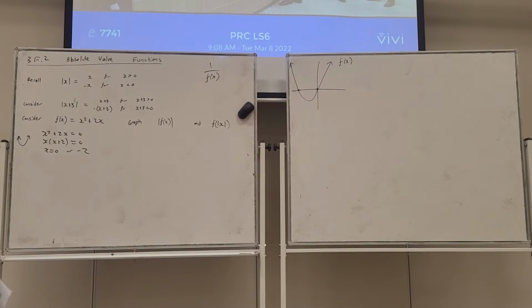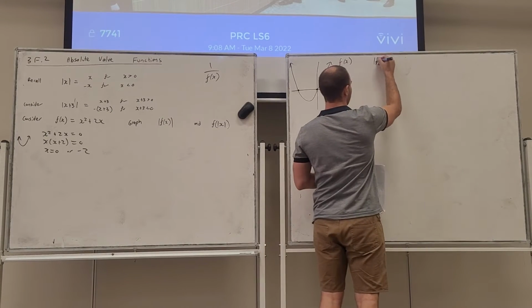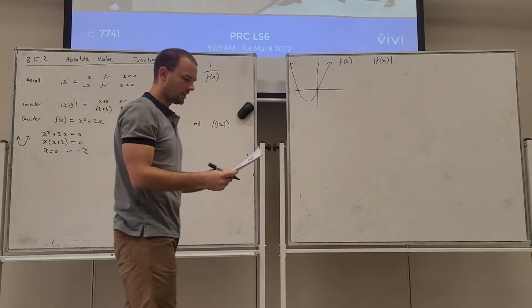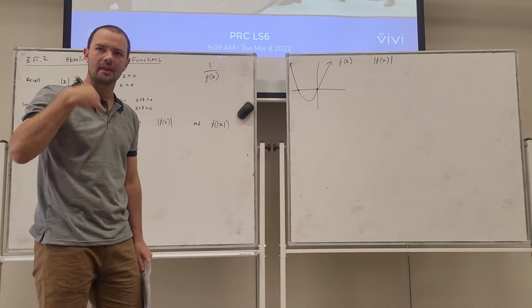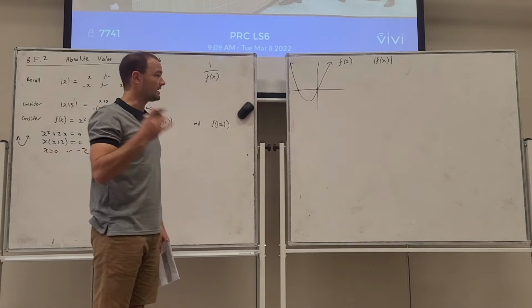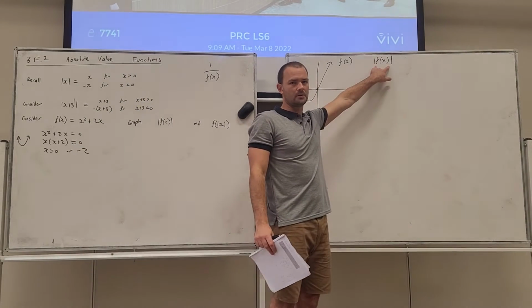Now firstly, let's sketch the modulus of f of x. Now if you want, you can read all the dot points about it. I might graph it and then explain how they take place, but it's actually really easy to do. What does modulus mean? It means make it positive.